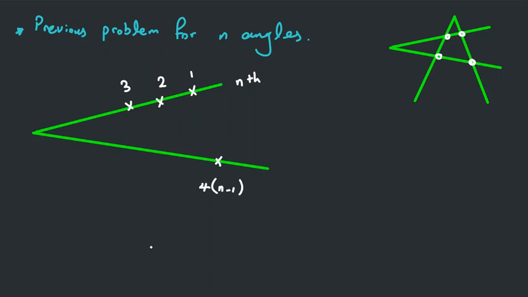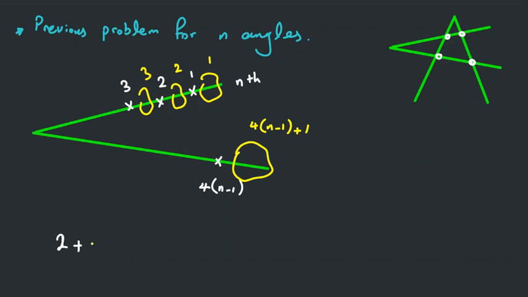Okay. Now let's write. When we have one angle, we have two regions: the outside of that angle and the inside. When we draw the next angle, the second angle, we have 4 times 2 minus 1 intersections, so it passes through how many regions? 1 region, 2 regions, 3 regions, to 4 times n minus 1 plus 1.